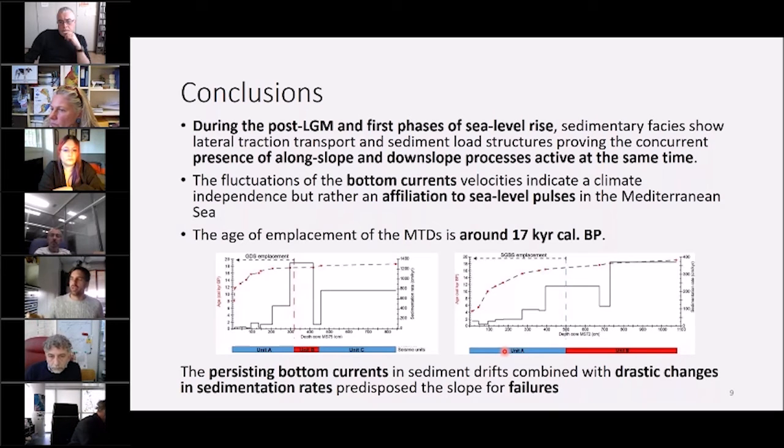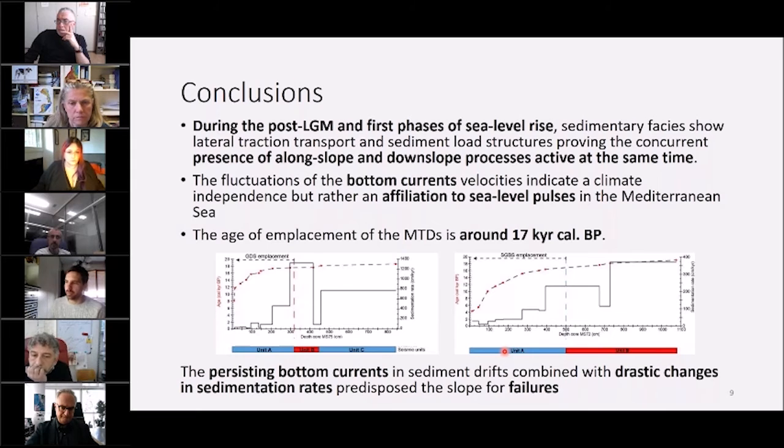We have very high fluctuations in the bottom currents in the Strait of Sicily, in both cores, but this seems to indicate changes related not to climate change, but more to sea level rise and sea level pauses. And the different emplacement of the mass transport deposits, which were around 17 kiloyears or so, seems to be related to really high sedimentation rate changes before the failure.